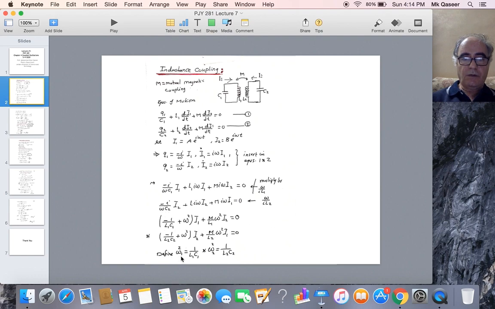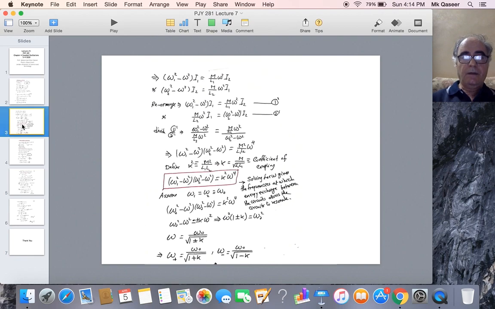Let's define omega 1 squared is 1 over L1 C1 and omega 2 squared is 1 over L2 C2. Now we get these two equations; rearrange and divide equation 1 by 2. We get this expression. Now this expression can be written in this form. Let's define what's called the coefficient of coupling K, which is M over the square root of L1 times L2.